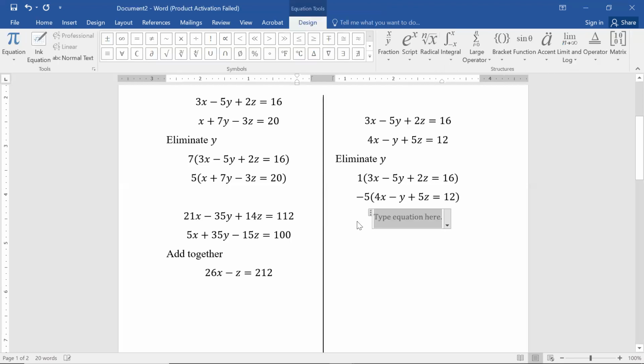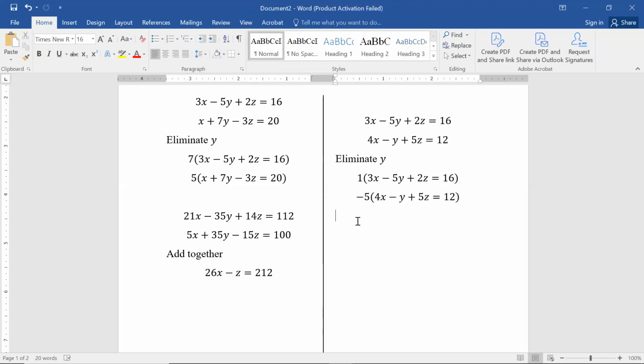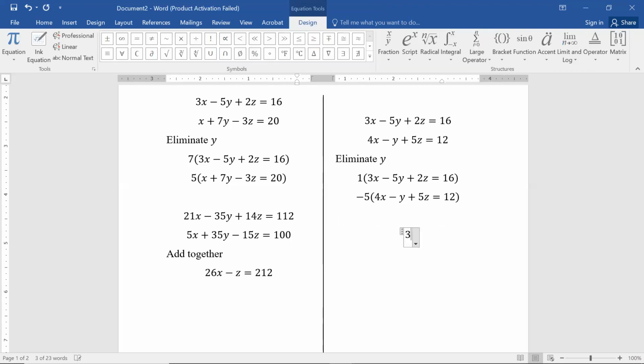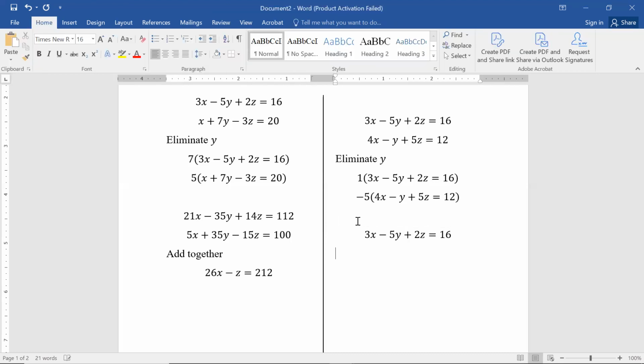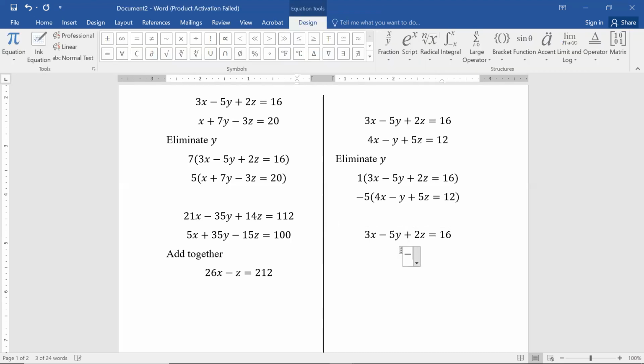When I multiply through, I end up with 3x minus 5y plus 2z is equal to 16. And -20x plus 5y minus 25z is equal to -60.